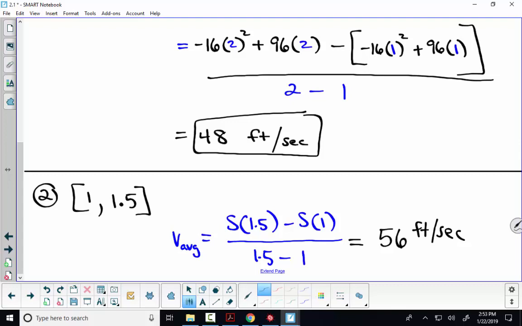If you're not getting it, it might be something to do with how your calculator handles the order of operations. Some calculators need parentheses around things, some don't. But I assume that we're okay with the computation. It's pretty straightforward. Does anybody have any issues with what we're doing? Any questions?